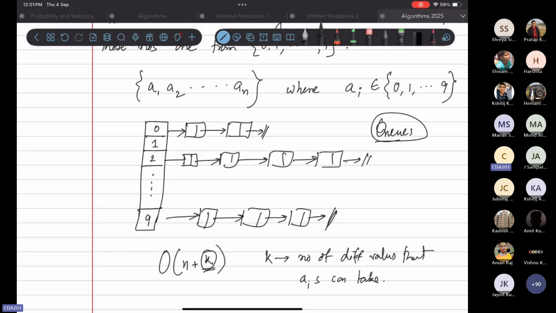Here the A_i can take nine different values, so in this case, k is nine.